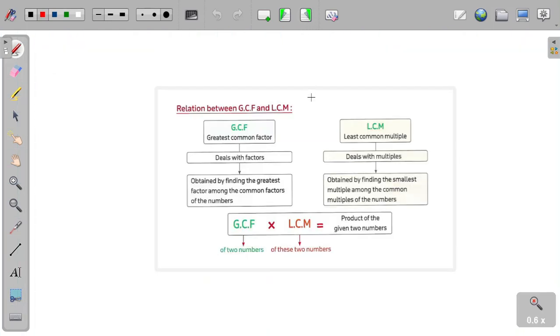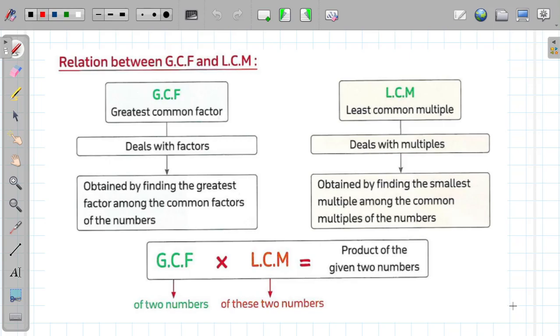First, I want to talk about the relationship between the greatest common factor and the least common multiple. The greatest common factor deals only with factors, and it's obtained by finding the greatest factor among the common factors of these numbers.